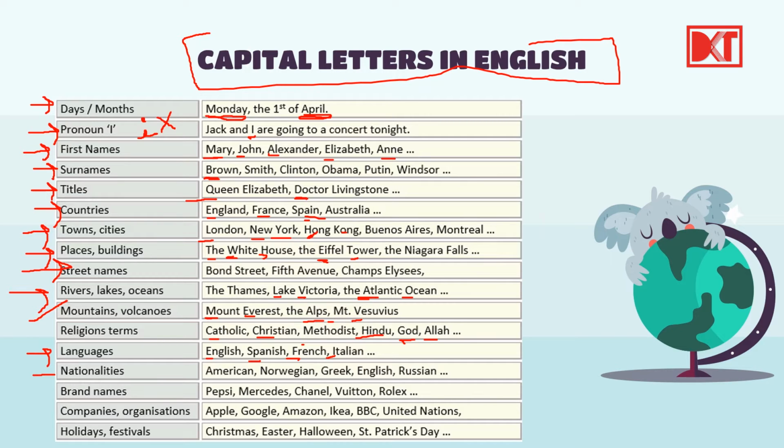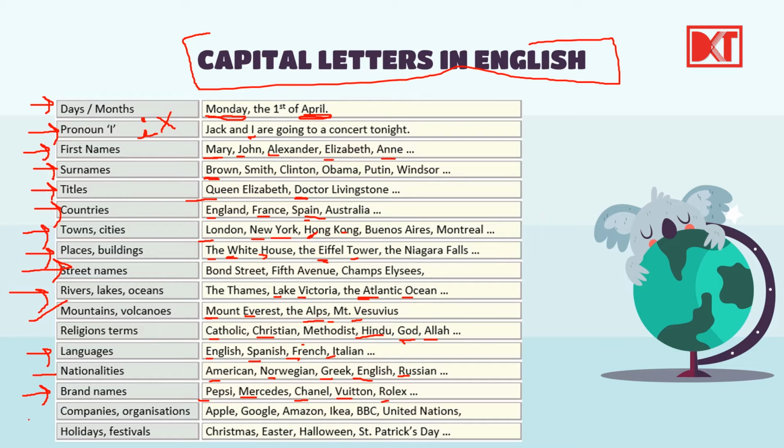Then nationalities, American, A capital, Norwegian, N capital, Greek, G capital, English, E capital, Russian, R capital. Any brand names, Pepsi, P capital, Mercedes, M capital, Chanel, C capital, Vuitton, V capital, Rolex, R capital.